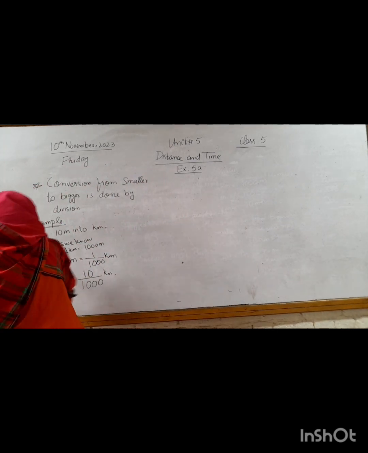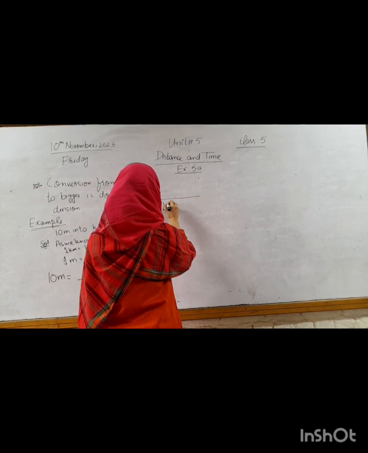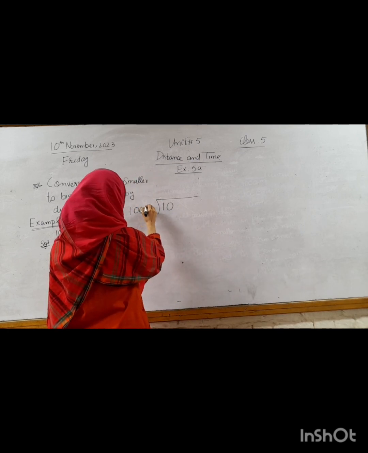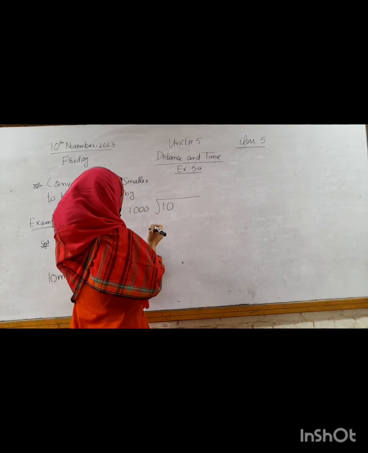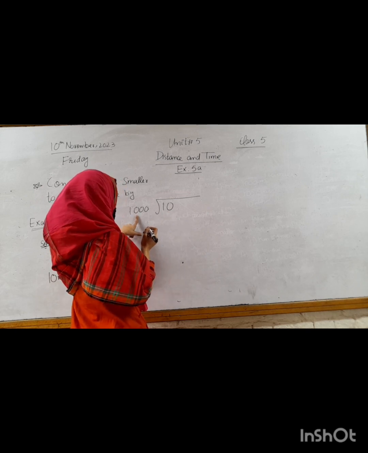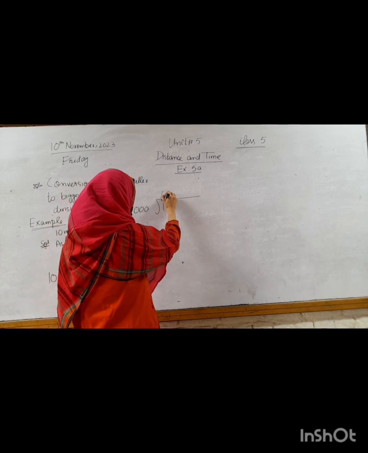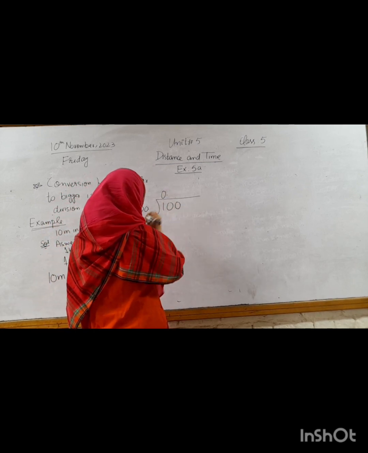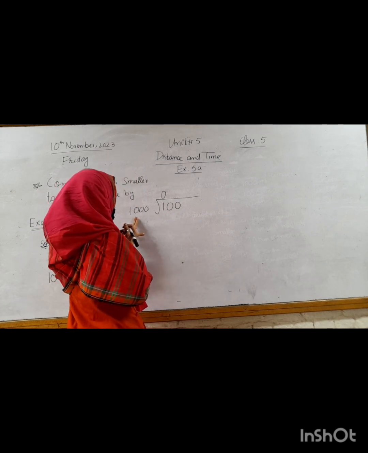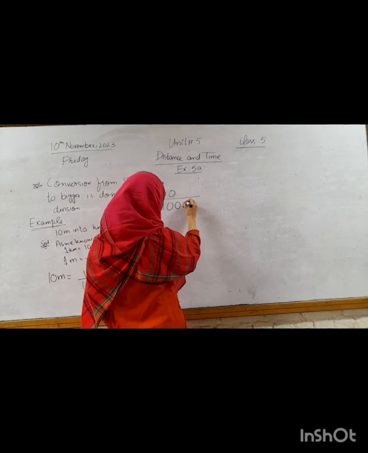Now we will divide it. 10 divided by 1000. Now we have 10 in the division sign, and we have 1000 outside, and 10 is smaller than 1000. What we will do, we will add point and 0 here. We will add one more 0 and one more 0 here.